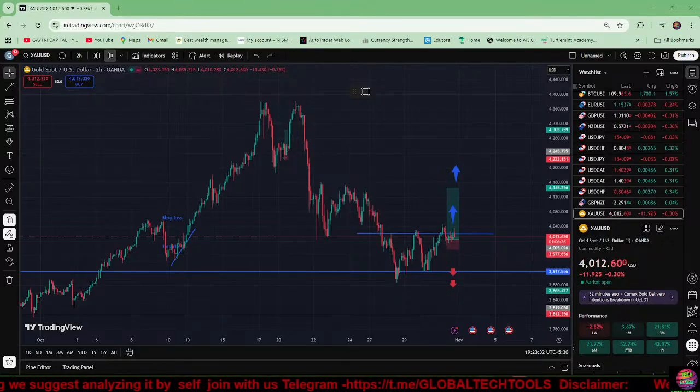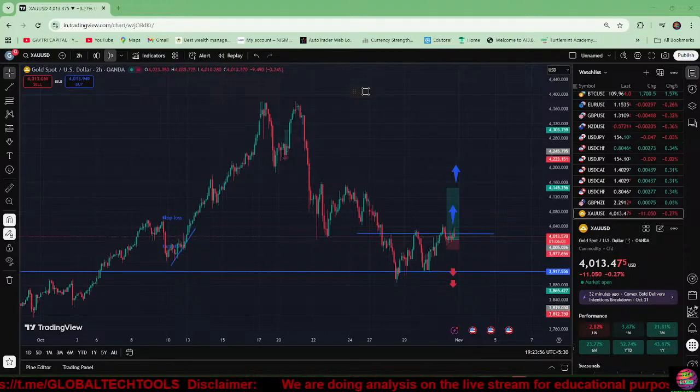So as you guys can see right here, this pretty much looks like a head and shoulders or three-peak mountain, whatever you want to call it. The actual proper terminology is head and shoulders. As you can see right here, this is a left shoulder, this is a head, and then this is a right shoulder. And all of this is an accumulation of both of the important things that I have taught you.